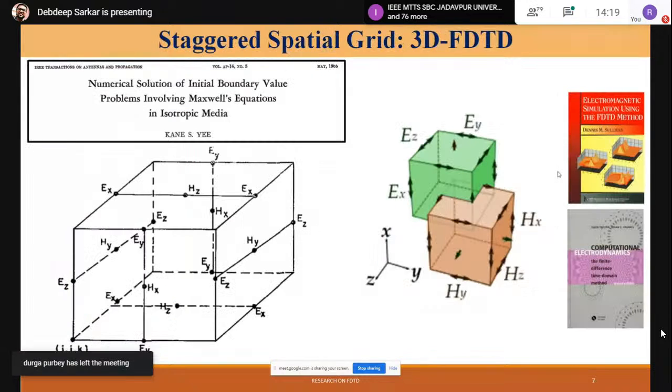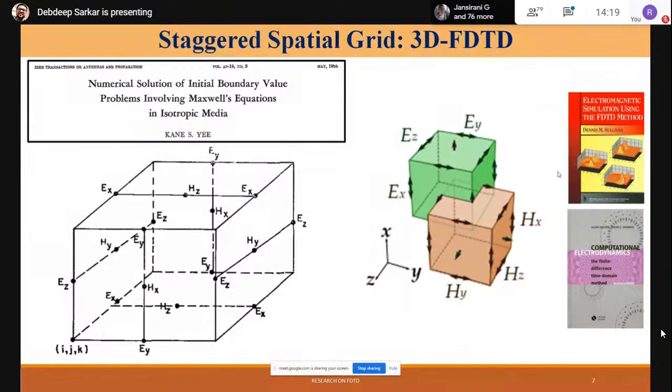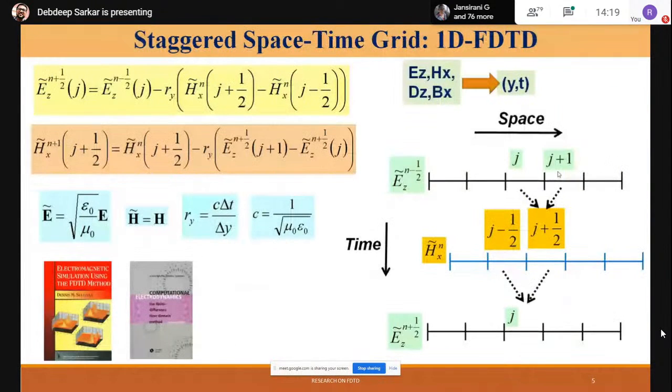Previously it was very simple to understand the staggered grid. I had this time evolution also. If you notice, I am again jumping back and forth. So here it was simple: it is stored along this array and the edge is slightly offset like this, and this entire thing is advancing in terms of time.